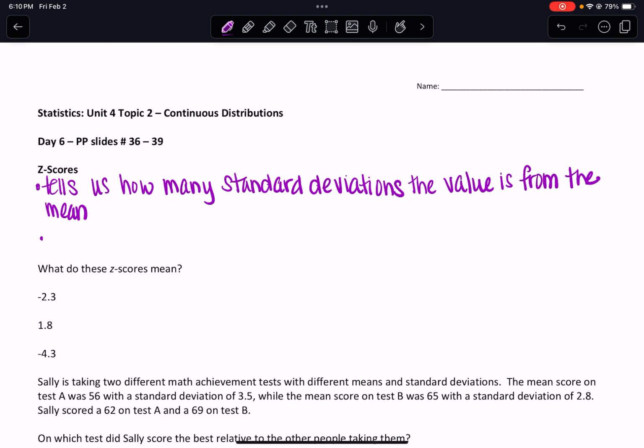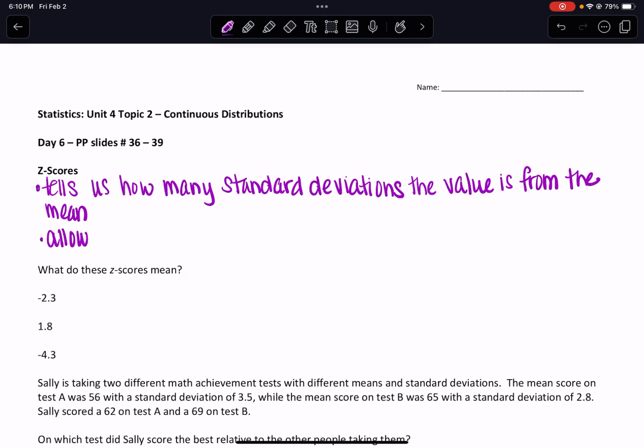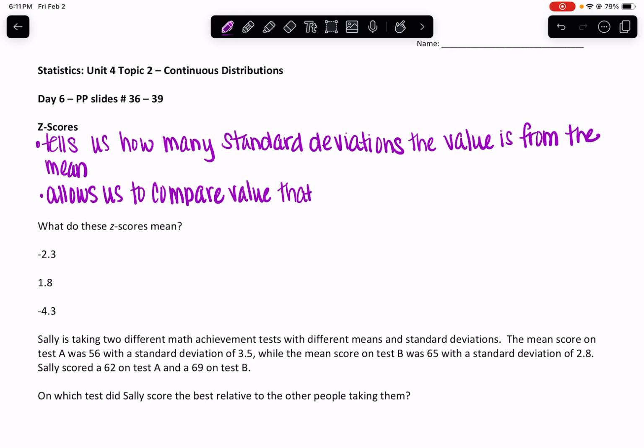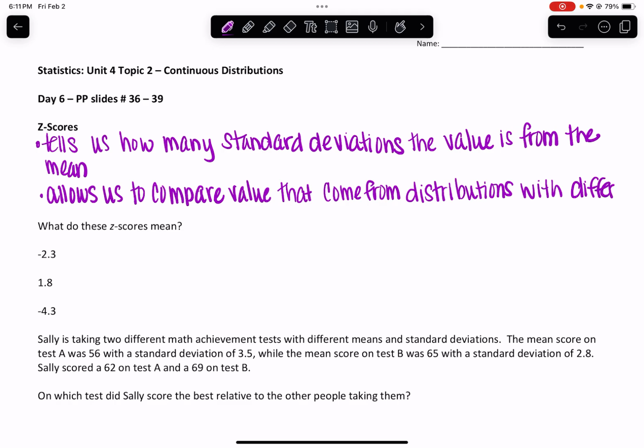And a z-score allows us to compare values that come from distributions with different mean and different standard deviation.